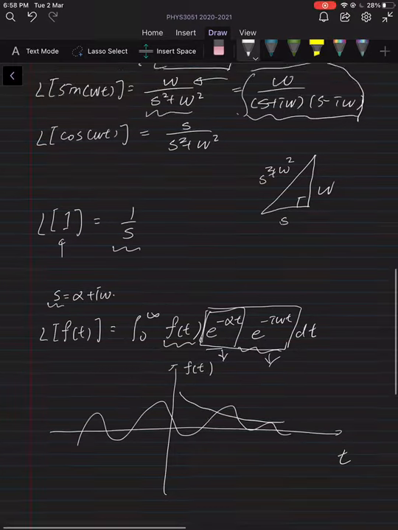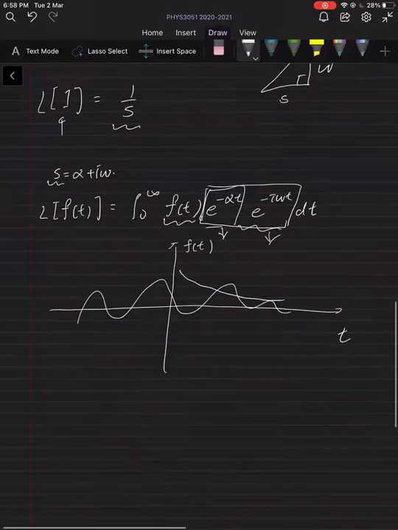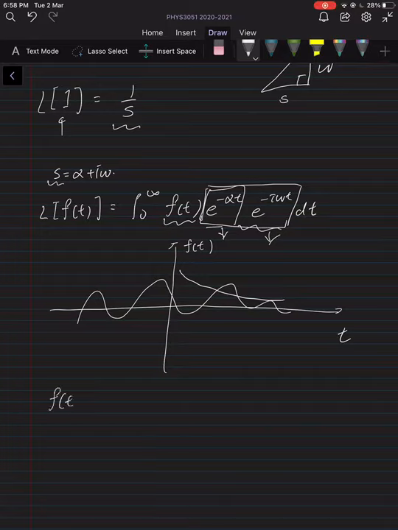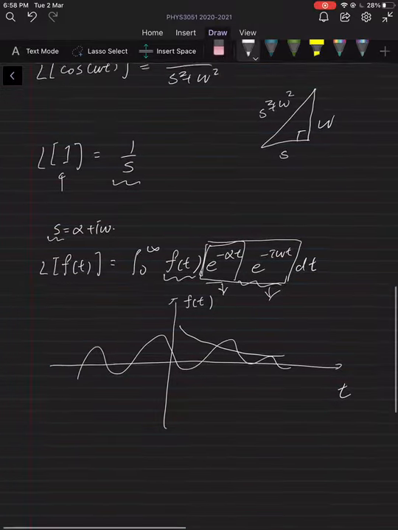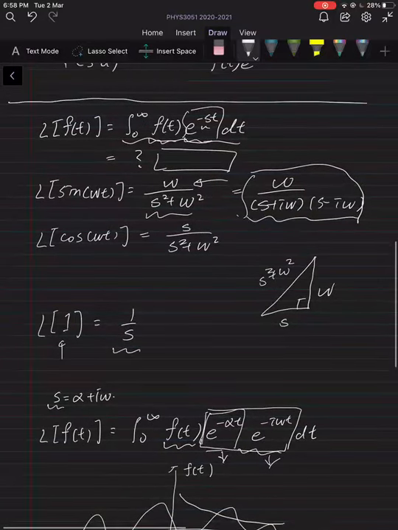So suppose what you have here is f of t to be... I think you should recognize the Laplace transform of sine omega t and also cosine omega t here.